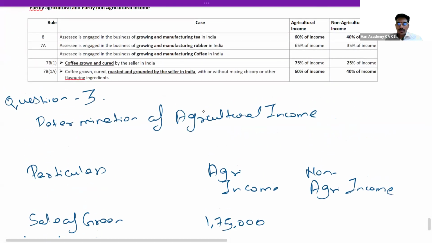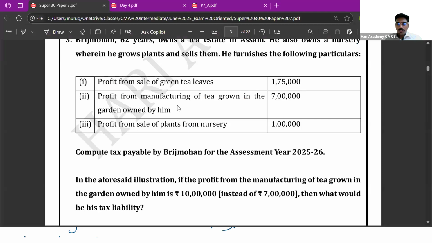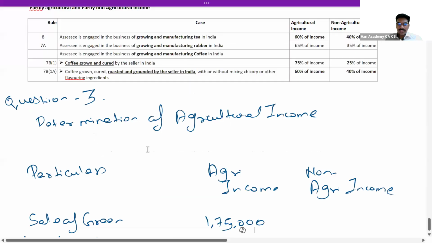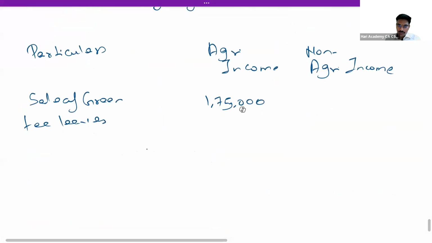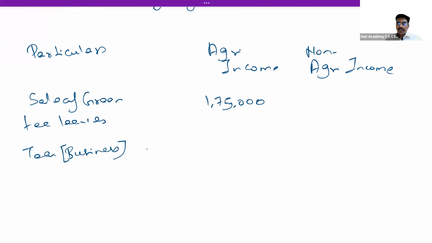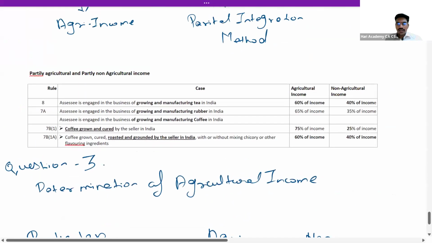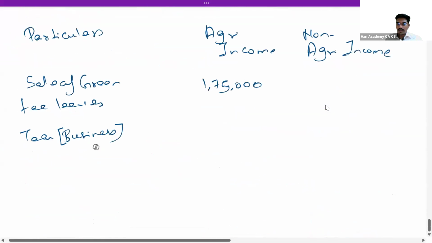Next is profit from manufacturing of tea grown in the garden owned by him, rupees 7 lakhs. Profit from sale of tea business. It is 7 lakhs. So if a person is engaged in growing and manufacturing of tea in India, 60% of the income is agri income, 40% is non-agri income.